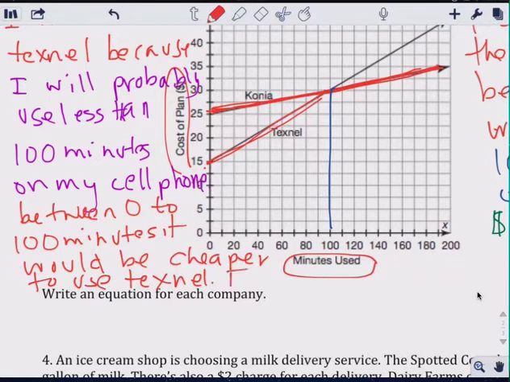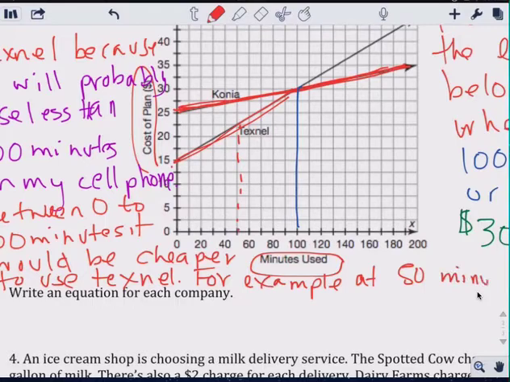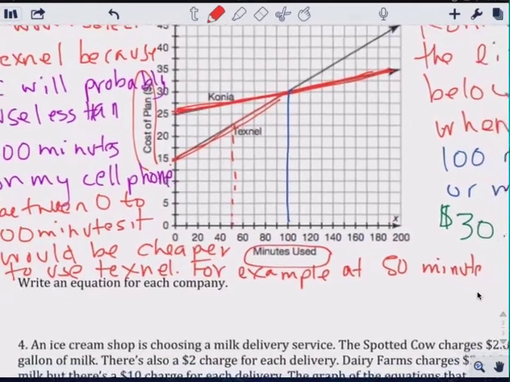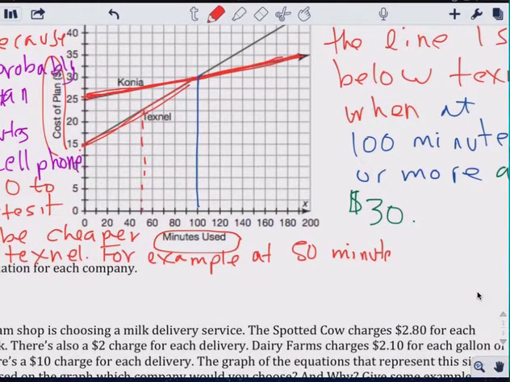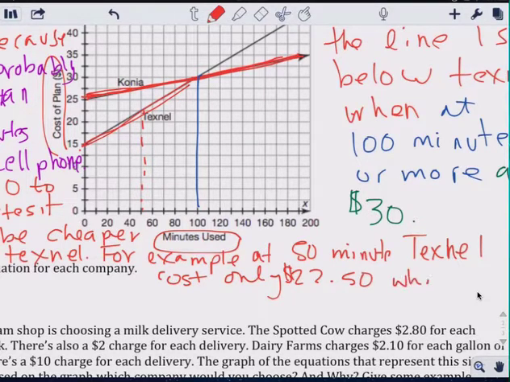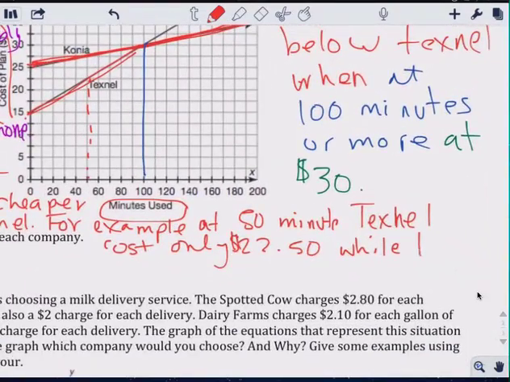For example, at 50 minutes, Text Nil is only $22.50, while Kanye, take the same line, costs $27.50.